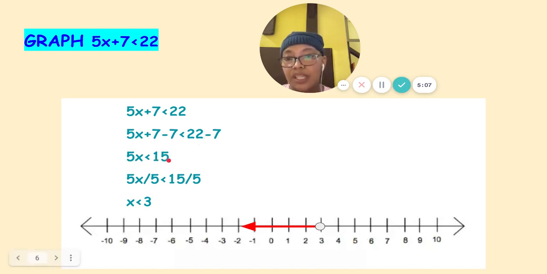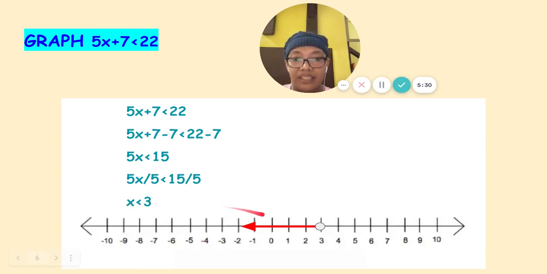So you have a common factor between 5 and 15, and that is 5. So you divide both sides of your inequality by 5. So 5x divided by 5 is x. 15 divided by 5 is 3. So your answer now is x is less than positive 3.